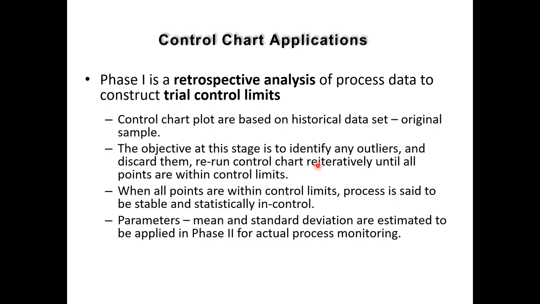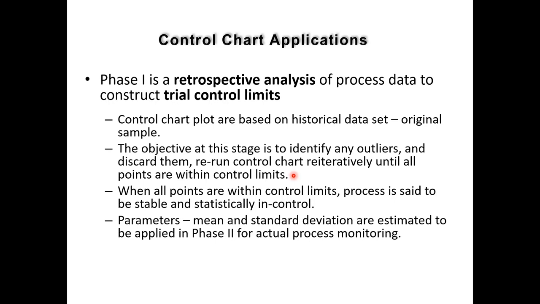The process is said to be iterative because at any stage, once you come up with the control chart and you see any out of control point, you will delete it and rerun. You see a new control limit, check whether any points lie beyond the two limits, and if there are, you discard them again and again until you come up with a control chart where the points are all within the control limit.